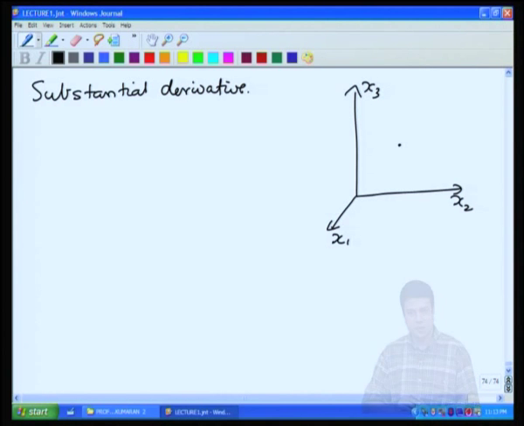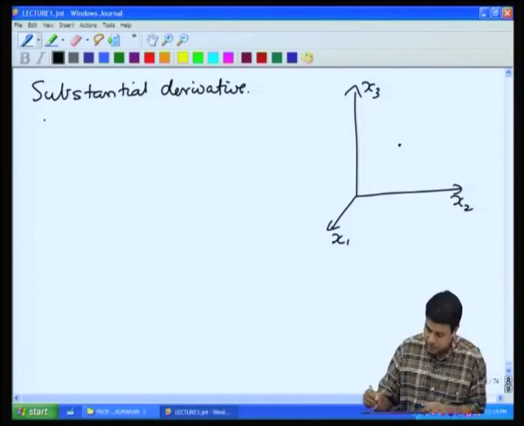Now, when you take the partial time derivative, implicitly you are keeping the position the same and finding out the change in property between two subsequent instants of time. Okay.